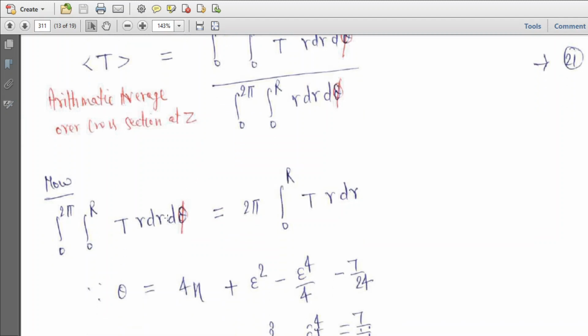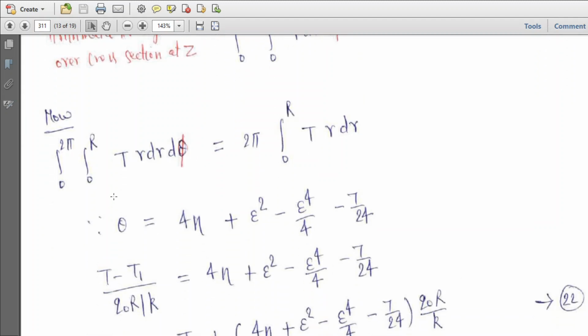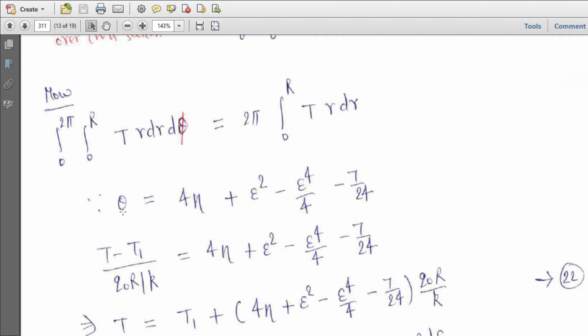So you have that expression of theta, 4 eta plus epsilon square minus epsilon 4 upon 4 minus 7 upon 24. You can substitute that theta is T minus T1 over q naught R upon k, equal to 4 eta plus epsilon square minus epsilon 4 upon 4 minus 7 upon 24.